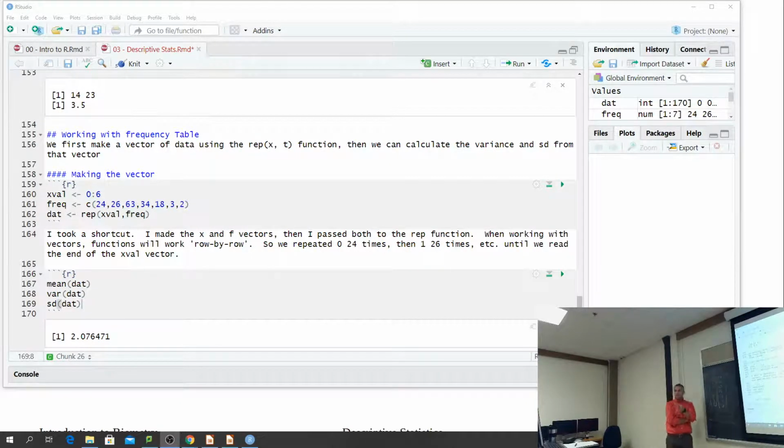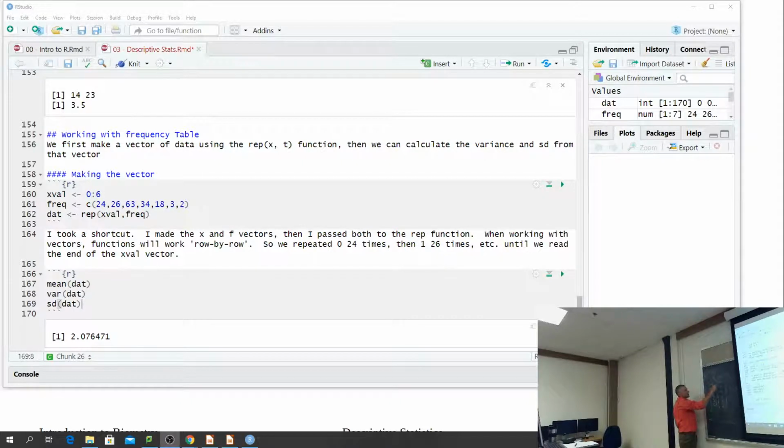And when functions receive a vector, and this applies to addition, multiplication, division, any other function that we pass it, what it'll do is apply the function row by row, and then keep stacking the output one on top of the other. So it goes the rep function this way first, so 0, 24 times.